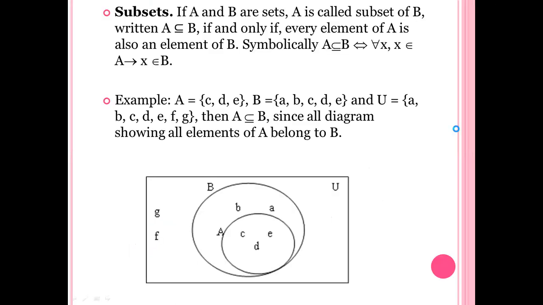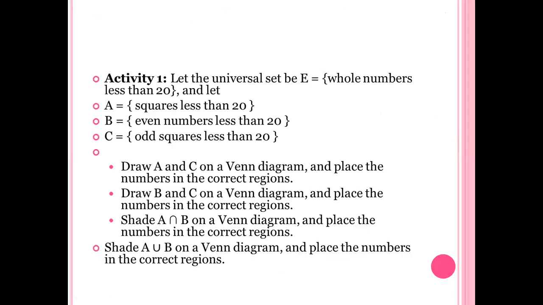So for our requirements for week 10, we have activity 1. For activity 1, we have 4 instructions. Draw A and C on a Venn diagram and place the numbers in the correct regions.